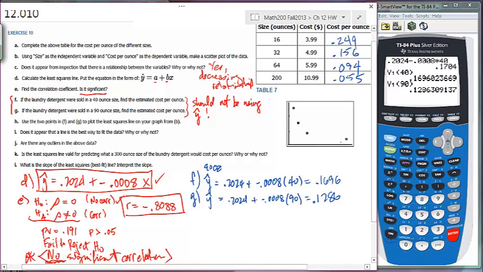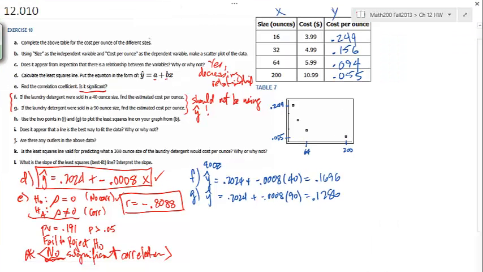Also, these markers are hard to see, but if I look at the point from the original data, I have 200 here and I have 64 here just as a marker, and I have 0.055 here that lines up with this point, and this goes all the way up to 0.249. So really hard to see and visualize.